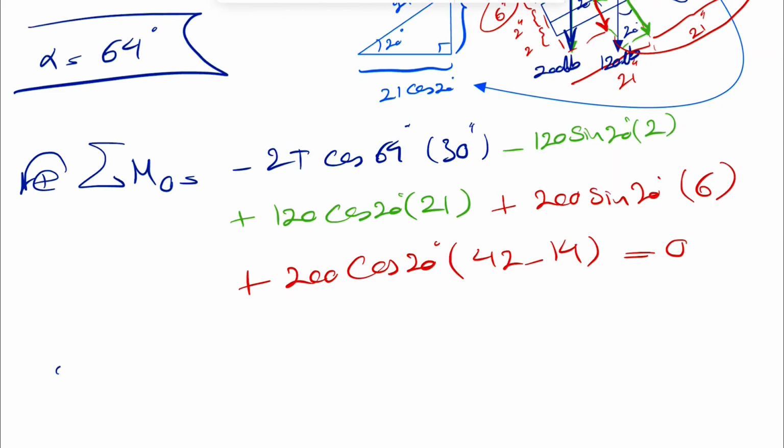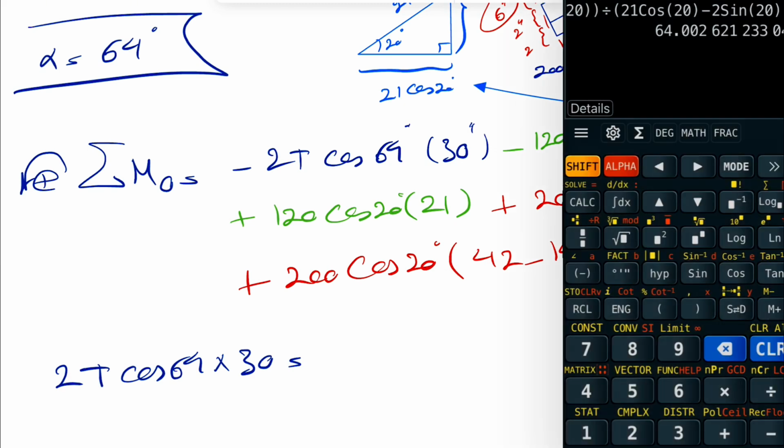And now we should be able to find the tension in the cable, which is going to be 2T cosine of 64 times 30, equal to the rest of our equation. Let's calculate everything on the other side.